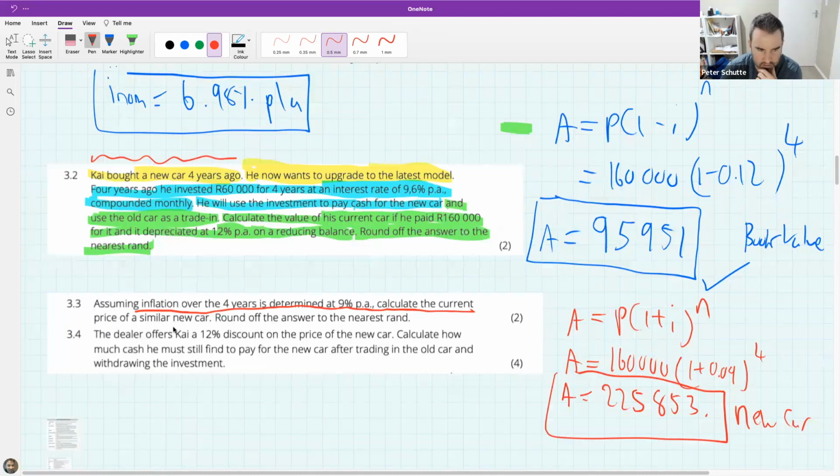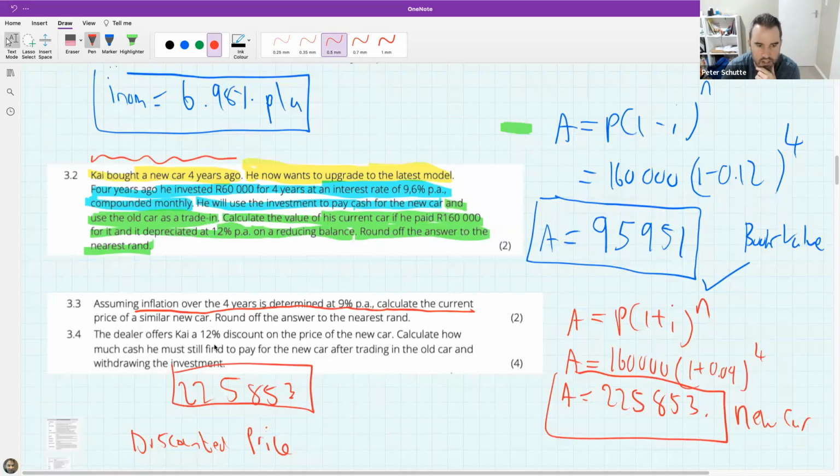Then the last bit says, the dealer offers a 12% discount on this car. So I want you to work out, if you get a 12% discount on that price, what is the discounted price? You don't actually have to pay 225,853, you get to pay less. How much is the discounted price? There's a 12% discount. What is the discounted price going to be?